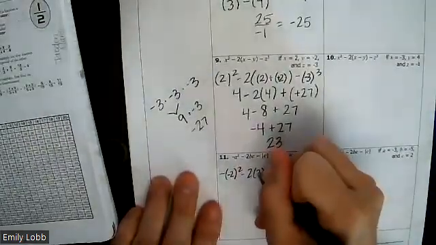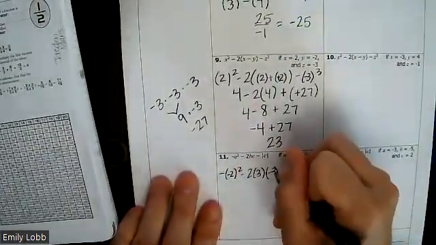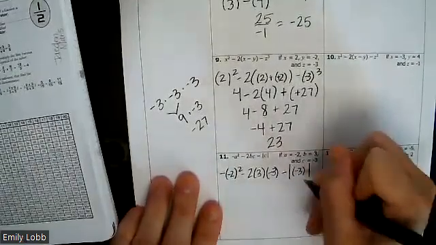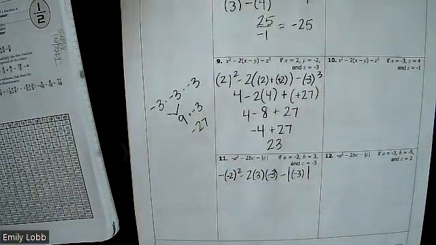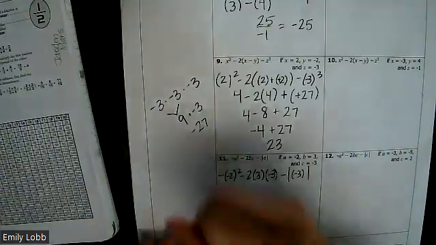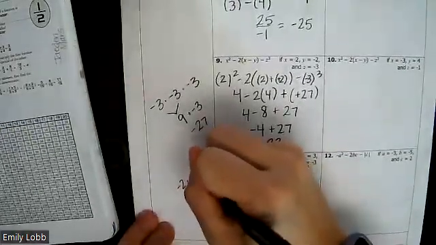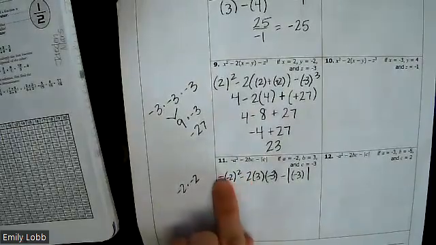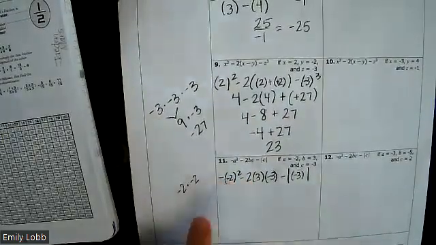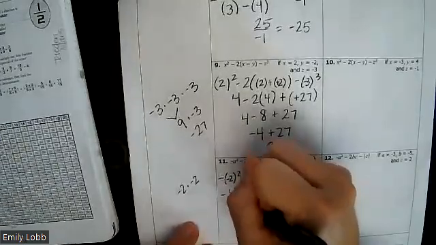B is 3. C is negative 3. All right, we have to start with our exponent. What's negative 2 times negative 2? 4, but then we have the opposite of 4. We have that minus in front of our 4.